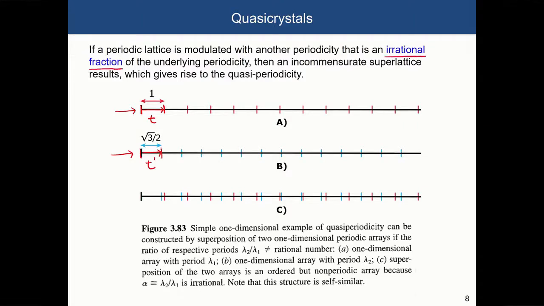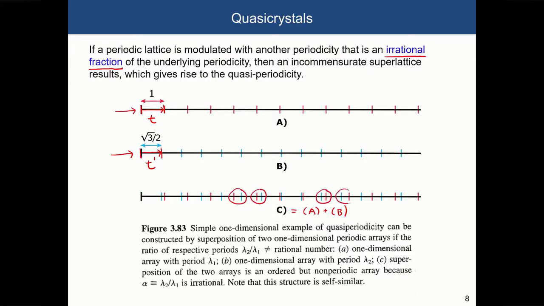Okay? So if you merge these two crystals, in this particular case, they are crystals because they have long-range translational order. If you put them together, what I will have in C is simply A plus B. And I will end up in a situation where there is so-called self-similarity. In other words, I can look at this particular feature, and it will be self-similar to the feature next to it.